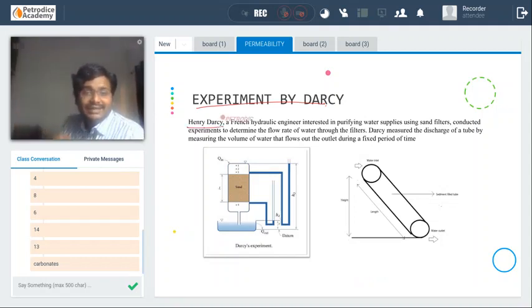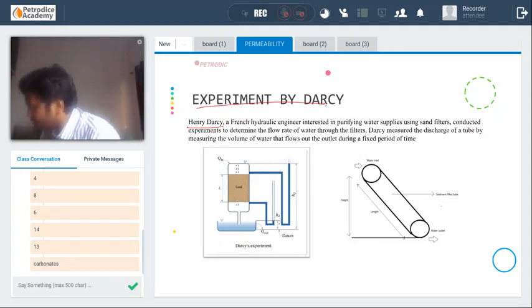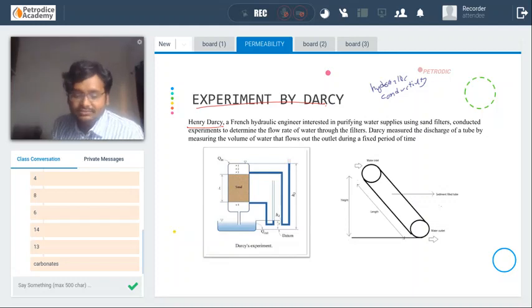He did not directly discover the permeability, guys. He discovered a particular variable known as hydraulic conductivity. Okay, we will discuss it. First write down the theory for the experiment.